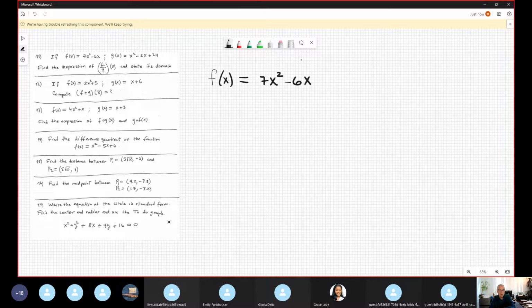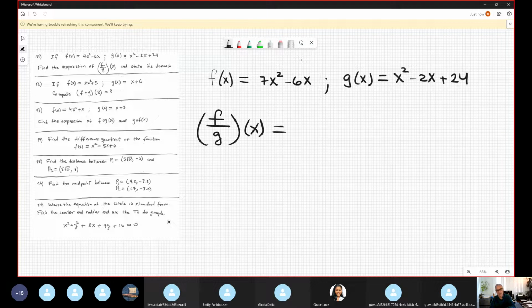Semicolon, and you have a function g, which is x squared minus 2x plus 24. And they want to know the expression that represents the combination f divided by g of x.